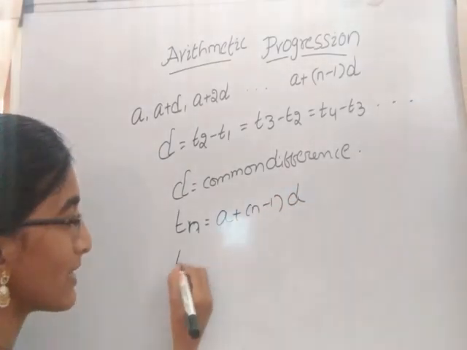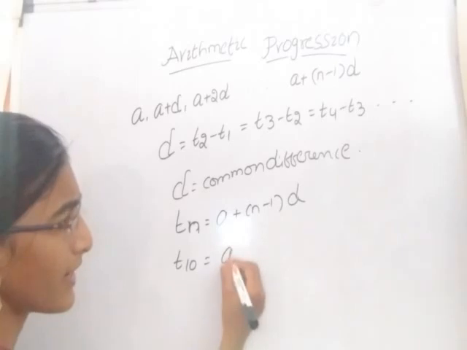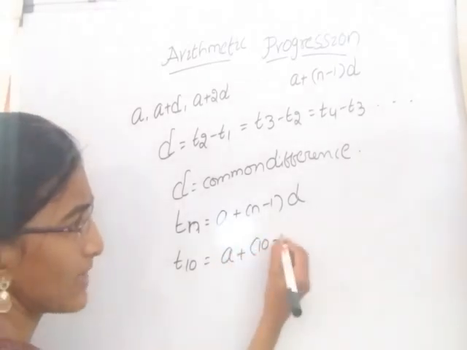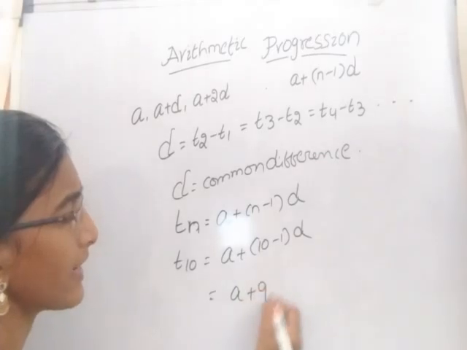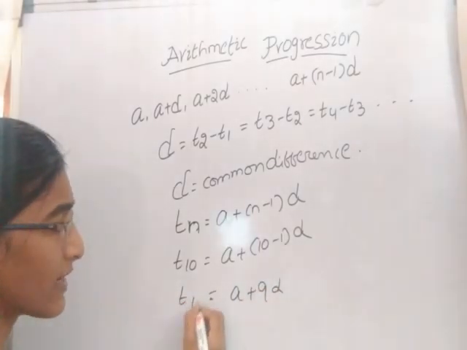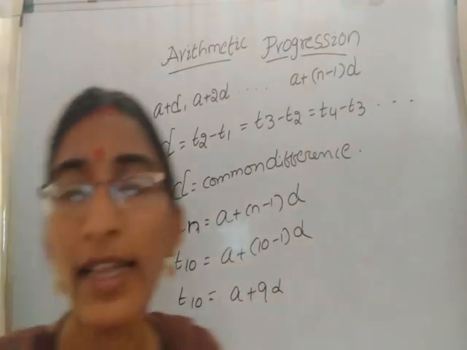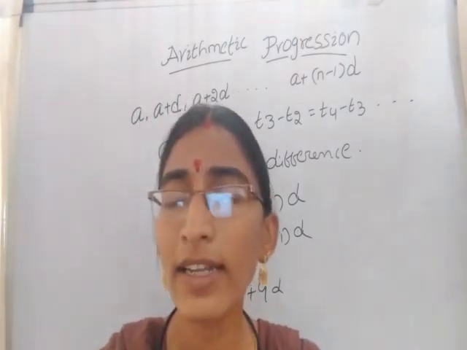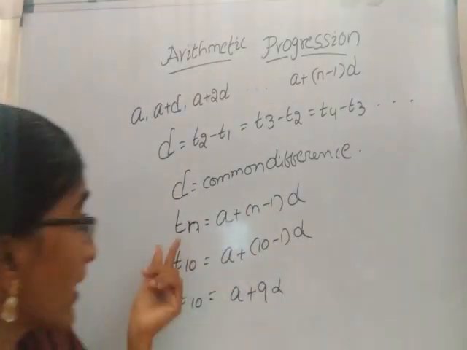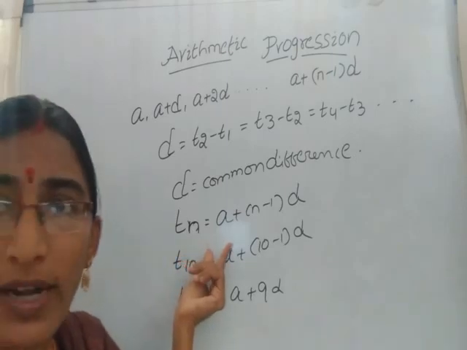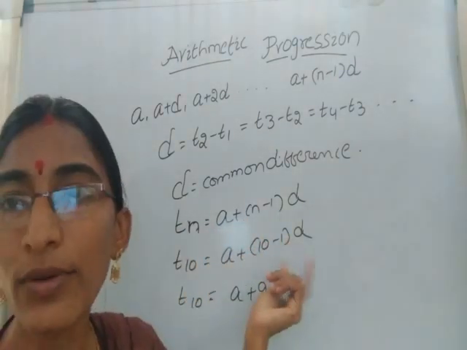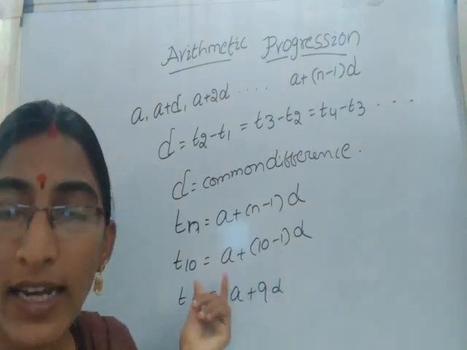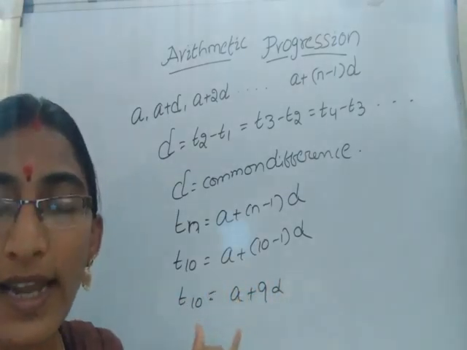Now t10 is equal to a plus 10 minus 1 into d, that is equal to a plus 9d. Therefore, the 10th term is equal to a plus 9d. Like that, if we have to find the 20th term, in place of n, substitute 20. t20 is equal to a plus 20 minus 1 into d. Then we get t20 is equal to a plus 19d.